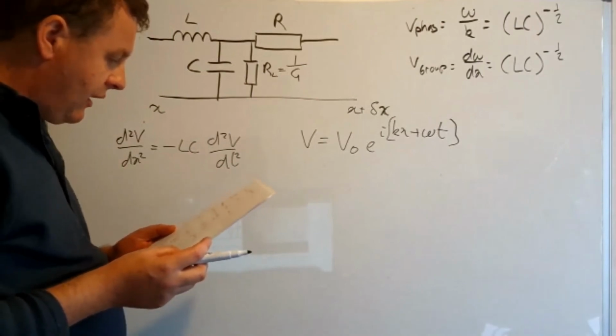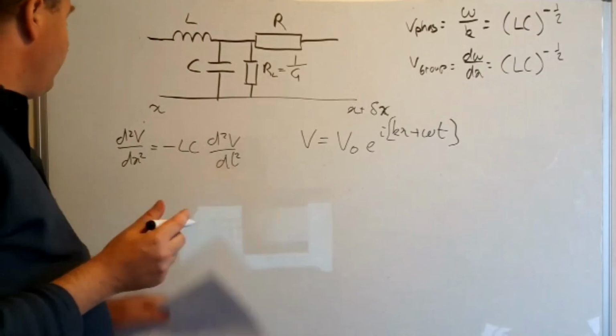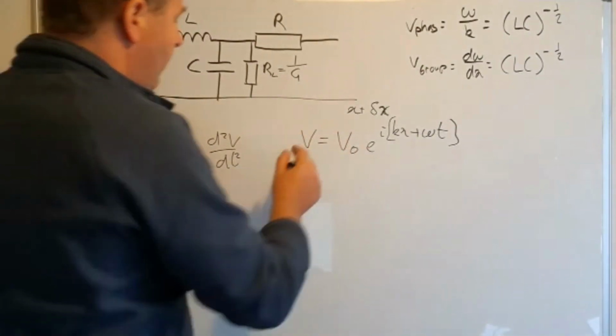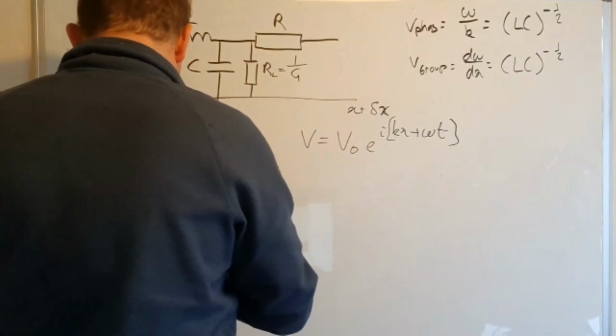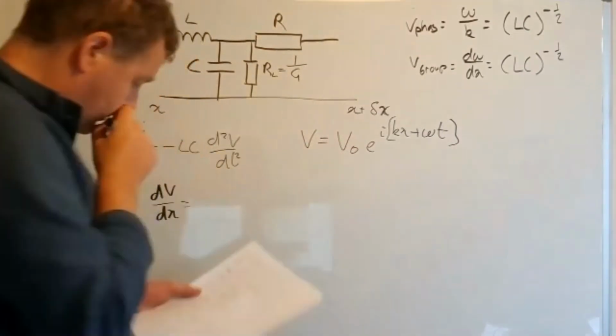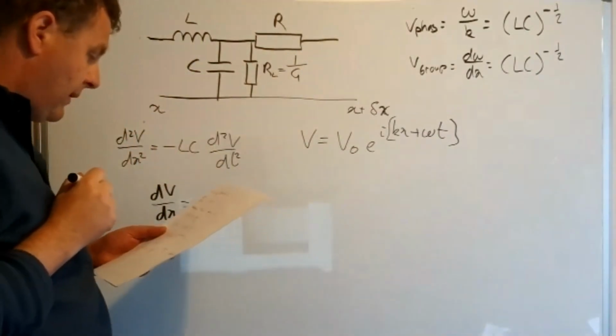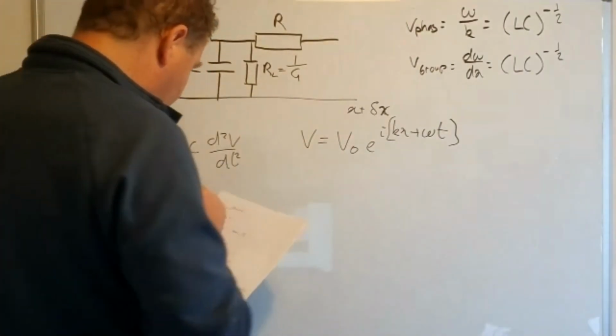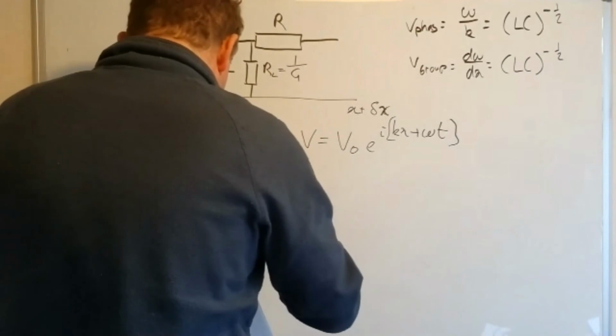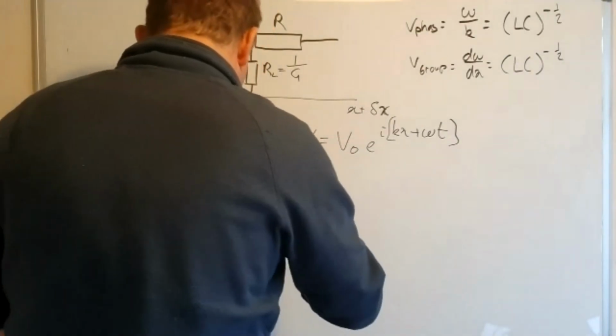And so what we will do is take the differential dv/dx, and that becomes ik times v.